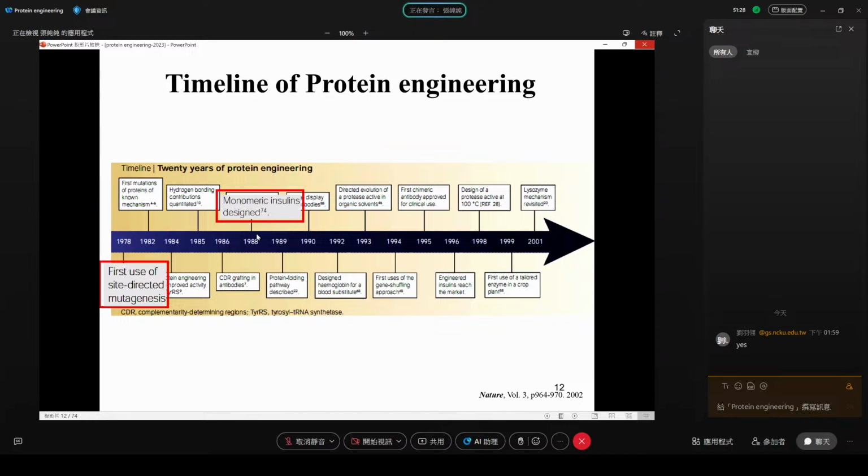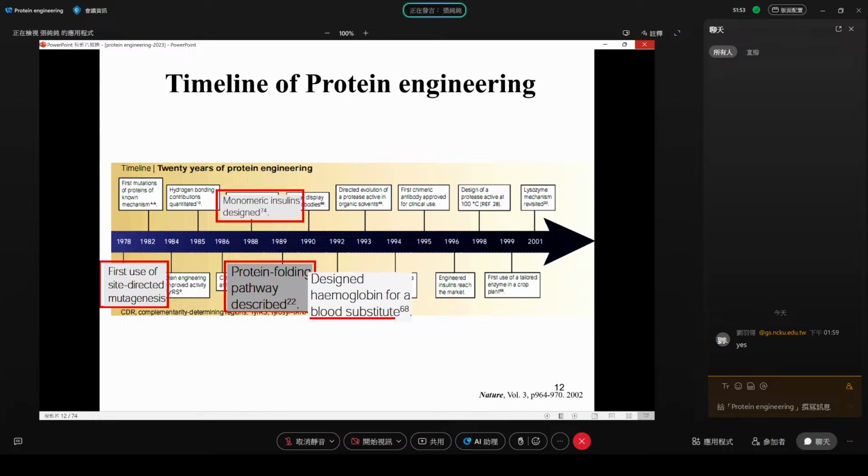Even in 1988, the first monomeric insulin was designed, and later on, the protein folding pathway was described clearly. This part is very important because without this kind of knowledge, we don't know what a suitable buffer is and what kind of domain folding structure, how to make everything work.